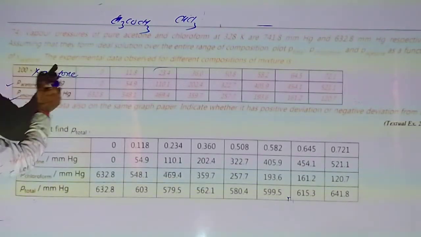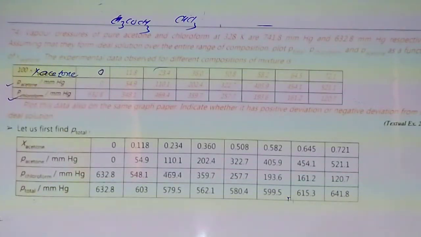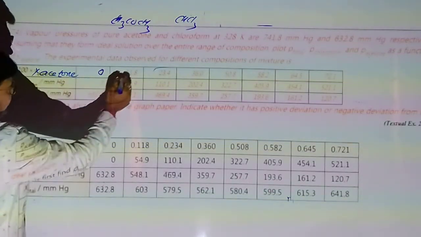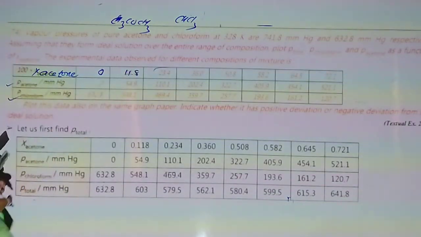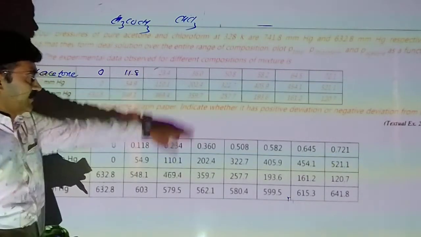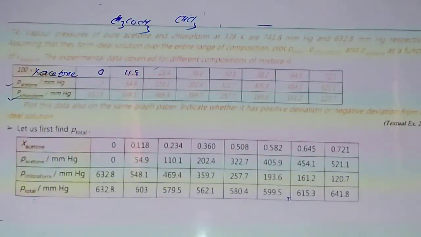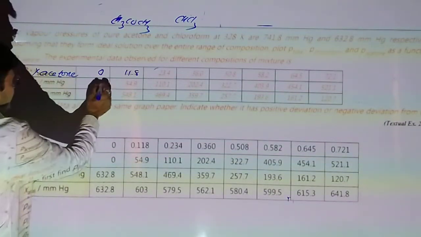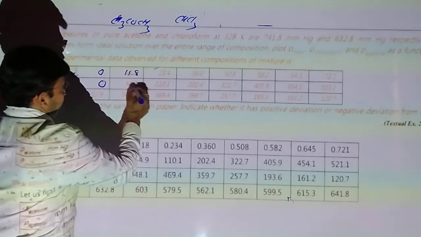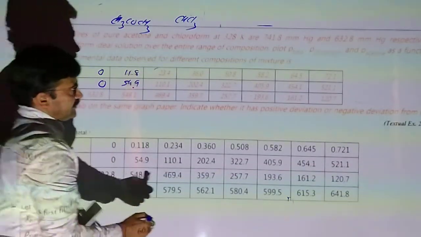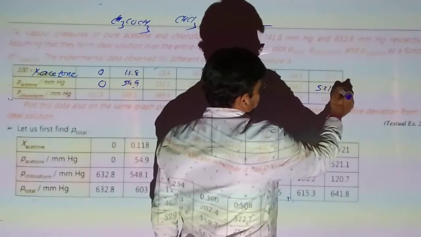The mole fraction of acetone is divided by 100. Initially 0, then 11.8, divided by 100 gives 0.118, then 23.4, 36, 50. These are percentages of mole fraction; divided by 100 they are less than 1. Data is given for 11 points. The pressure of acetone is given. As the mole fraction of acetone increases, you can see our partial pressure of acetone increases.